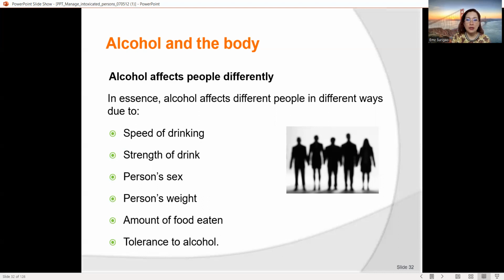It also affects sexuality, so be careful if you wish to have a family soon. The person's weight, so it really has some consideration. The person's gender.